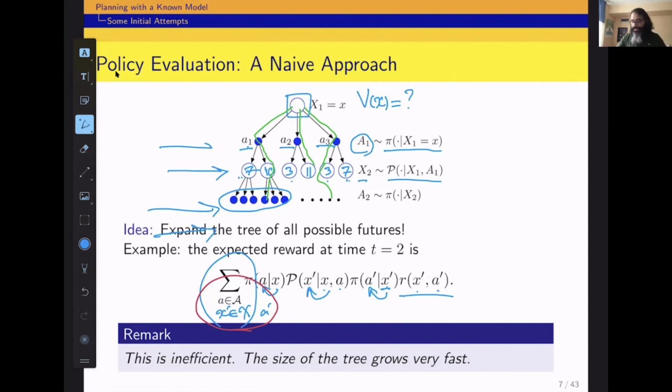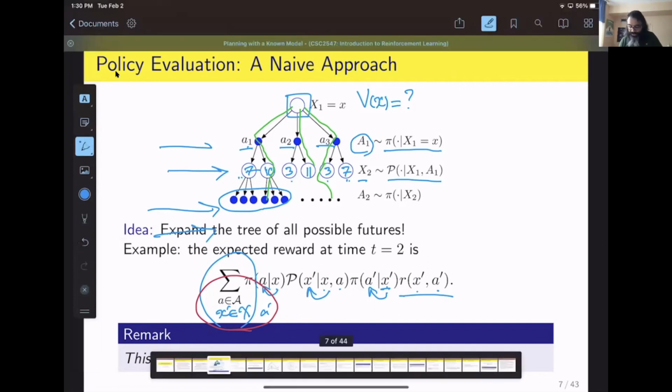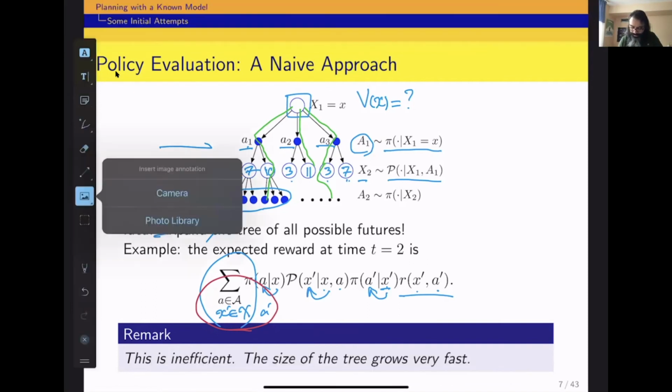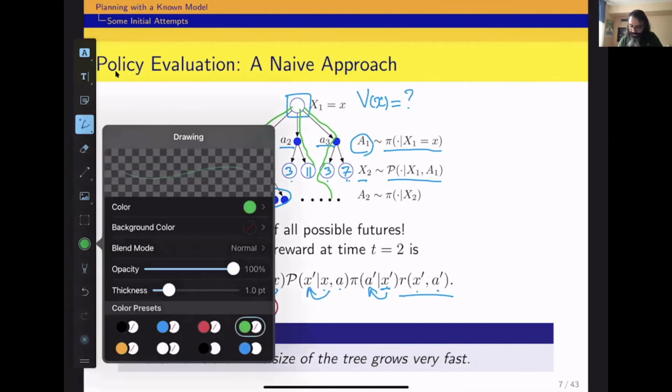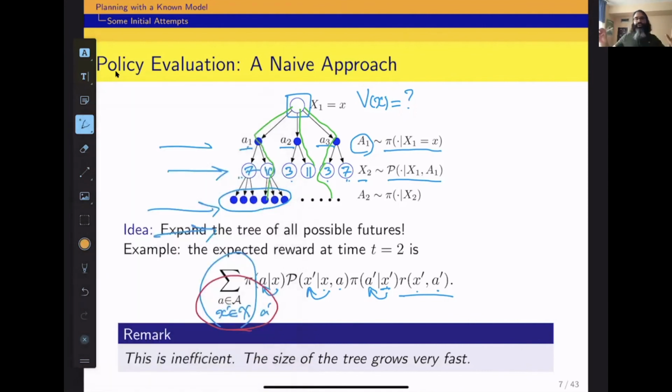So the basic idea is that instead of actually expanding this tree with all possible branches, just randomly follow some of these routes or paths on the tree, and then compute the reward along that path.